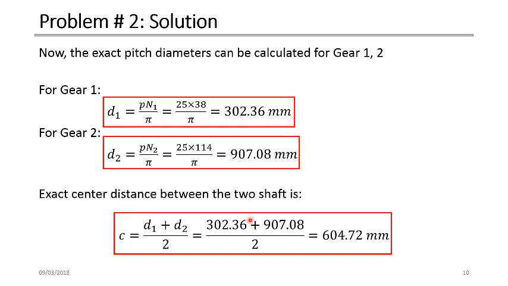And remember, the problem says that C is approximately 600. So now, based on these exact diameters, C is equal to D1, which is 302.36, plus 907.08, divided by 2, and this gives us 604.72 millimeters.